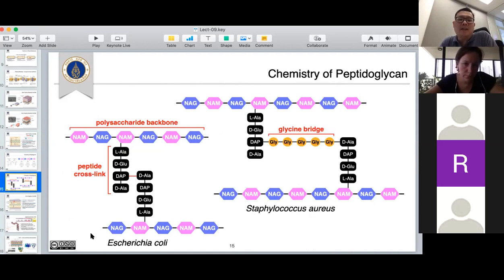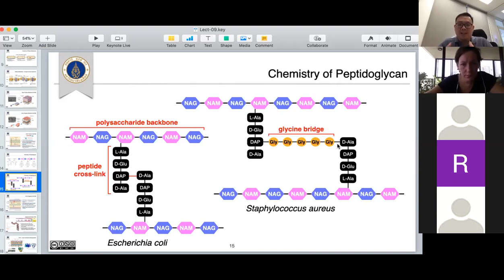In gram-negative bacteria, in this picture E. coli, they link together from alanine to another amino acid at the third position. But in gram-positive, they add 5 glycines. We call it a glycine bridge.